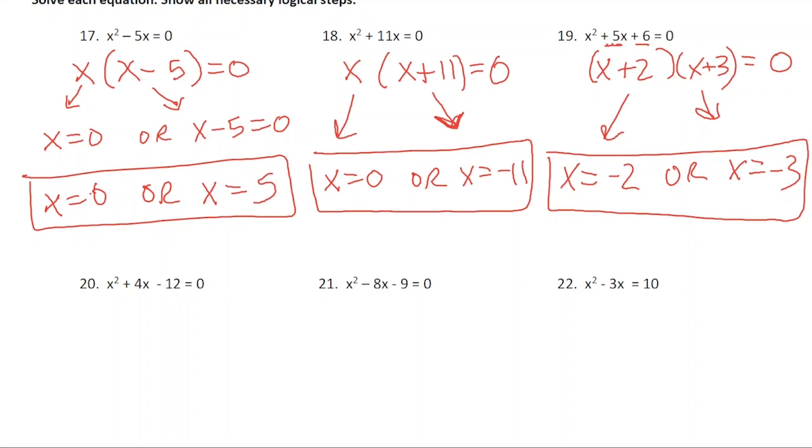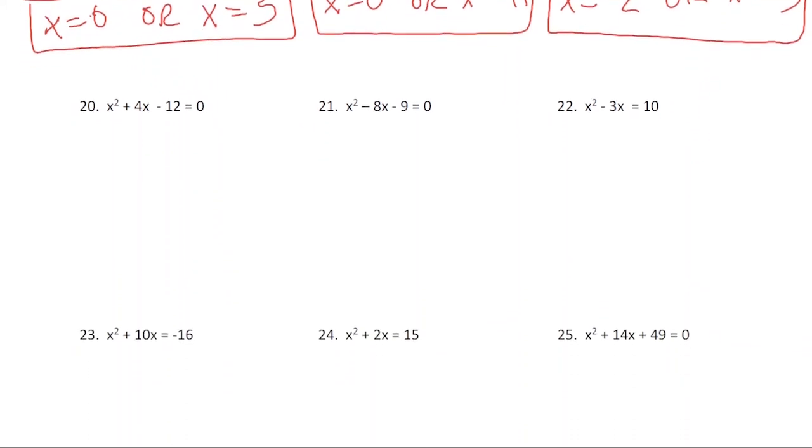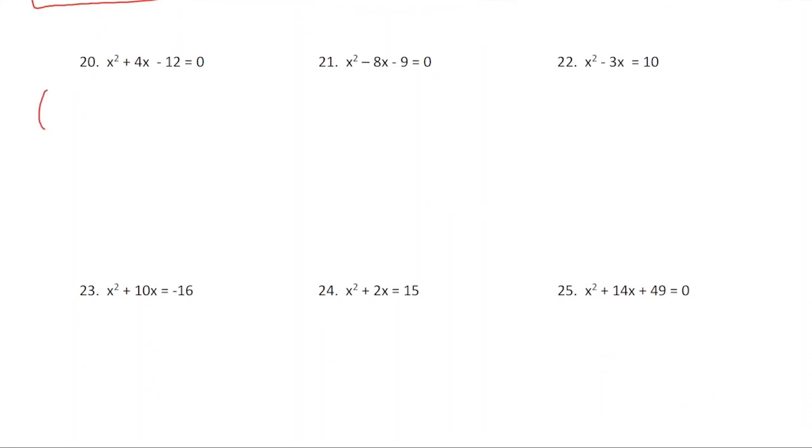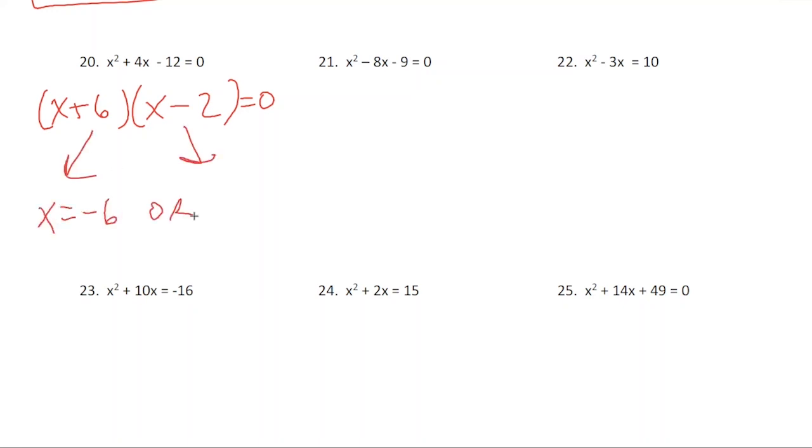For number 20, we're starting to deal with negatives, which can make it a tad bit harder to come up with those two numbers, but not impossible. Here we're looking for two numbers whose product is negative 12 and whose sum is 4. That would be 6 and negative 2. So x plus 6, x minus 2, and our two solutions would be negative 6 or 2.